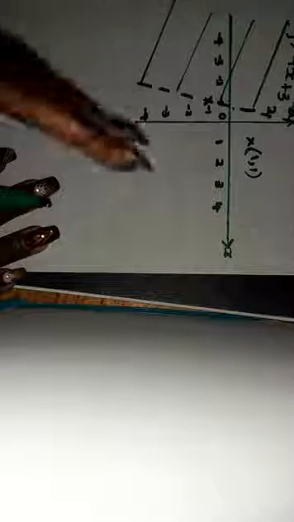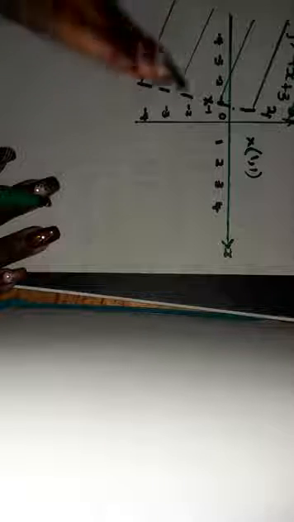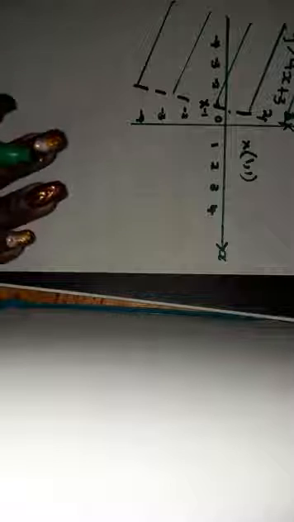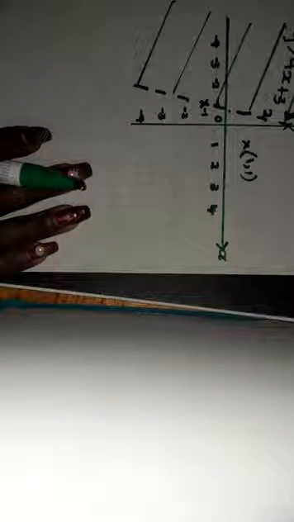In other words, you just choose one side of the line, choose a coordinate, choose the smaller coordinate, guys, so that it will be easy in your calculations. Then immediately you realize that it satisfies the region, you shade that region. But if the chosen region doesn't satisfy the given inequality, then go and shade the other part of your graph.